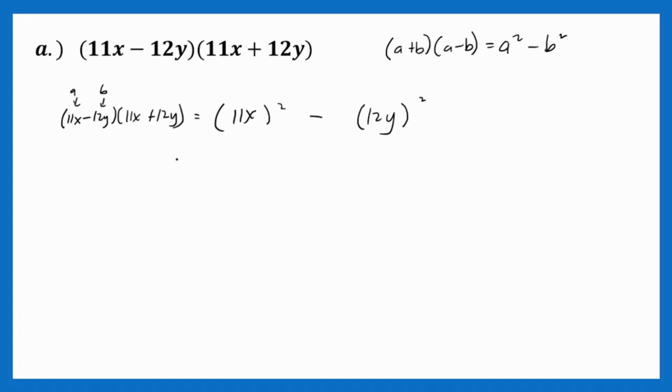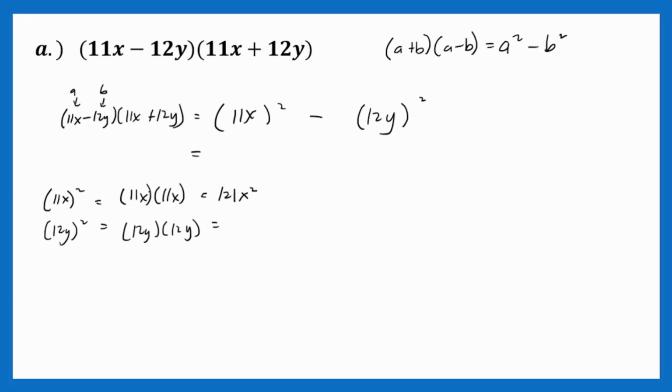Okay? Next, solve natin separately. So, 11x squared, tapos 12y squared. So, this is 11x times 11x. Uulitin natin, diba? Tapos 12y times 12y. 11 times 11 is 121. X times x, x squared.